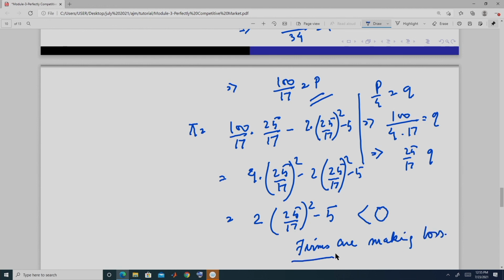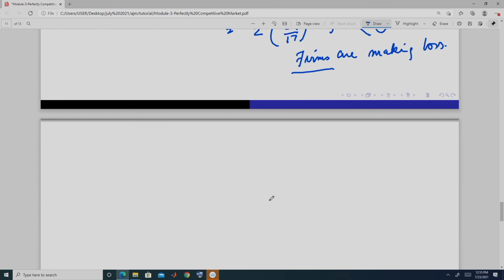So, some firms are going to leave or exit. So, in the long run, what is the average cost?